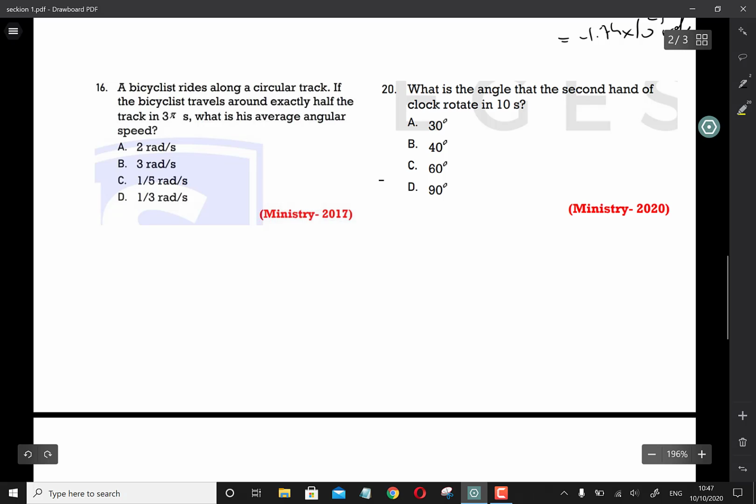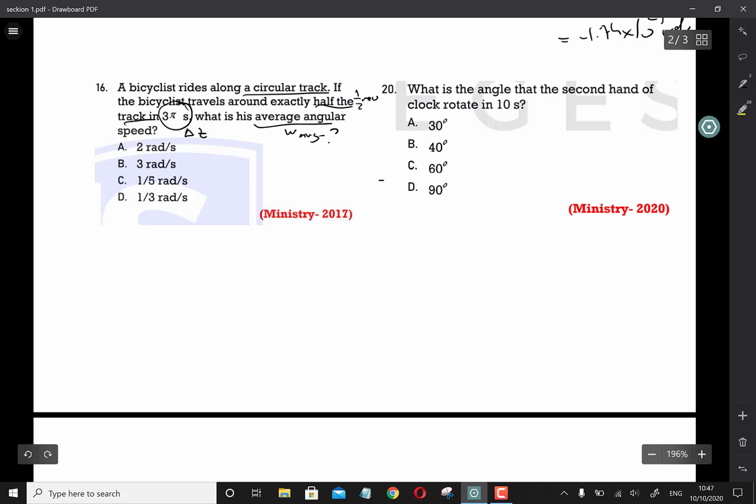And question number 16. A cyclist rides along a circular track. If the cyclist travels around exactly half the track, meaning half a revolution, in 3 pi seconds, which is delta t, what is the average angular speed? The question asks for omega average.